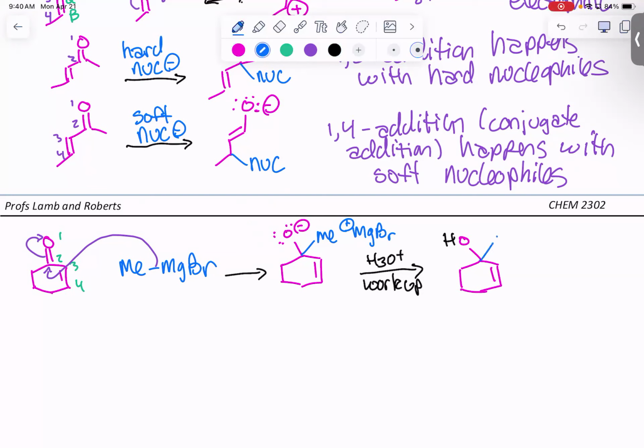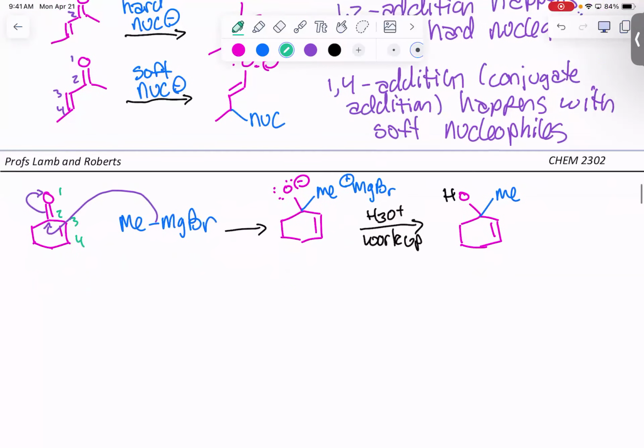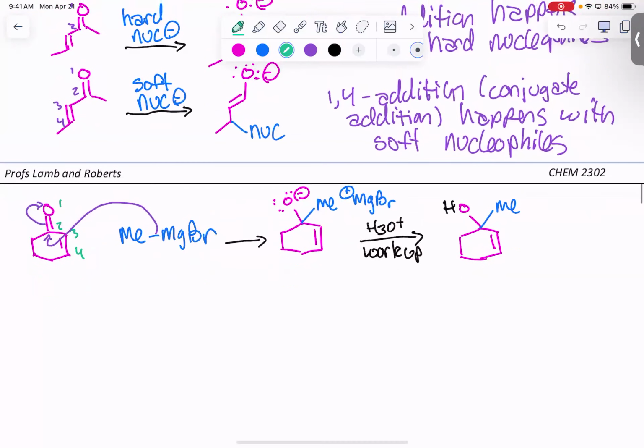We've already made our carbon-carbon bond, but we get to this as our product. Okay, so we've seen this before. We've seen 1,2 addition. We didn't call it that. We just called it addition to a carbonyl. Now let's go ahead and see what happens with the soft nucleophile. We'll be able to answer your question.